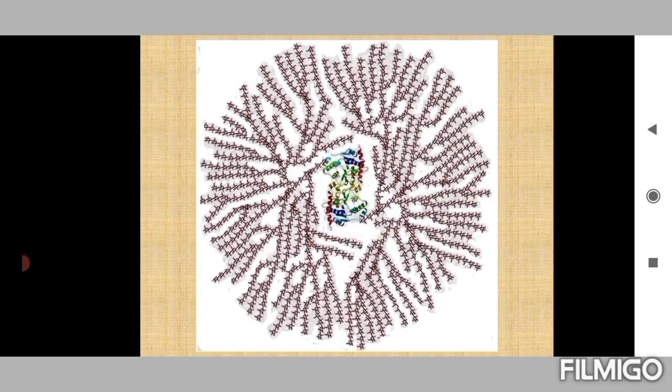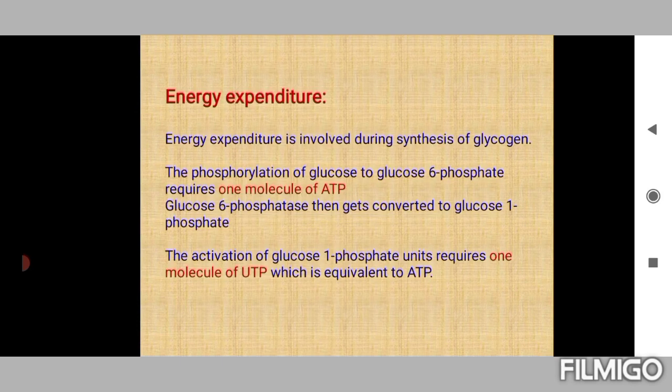As we know, it's a homodimer, so on either side there is a glycogen molecule along with the glycogen primer, the dimer already fixed there. And we can now see the energy expenditure involved in glycogenesis, glycogen synthesis.